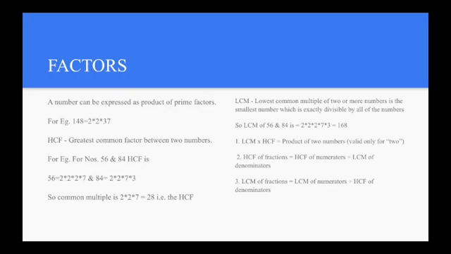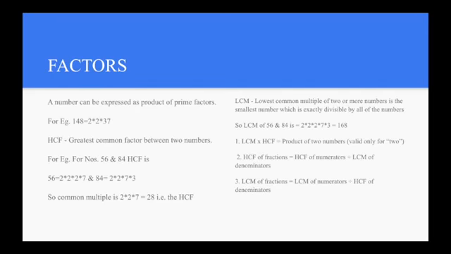Now there are certain basic rules which I want to discuss here, which I have also written. If I have to find the HCF of a fraction, what should I do? I have to go for the HCF of the numerator divided by the LCM of the denominator.